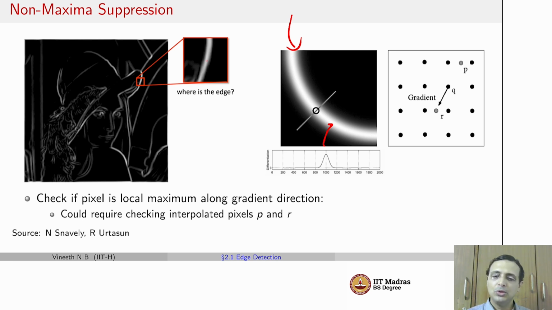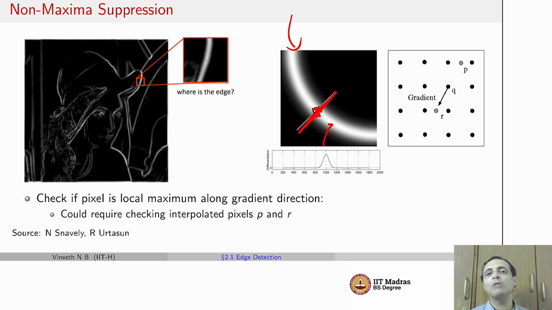What do you do? You take a particular pixel and compute the orientation of the gradient at that pixel. How do you compute the orientation of the gradient? We saw it a few slides back: tan inverse of the gradient along the y direction divided by the gradient along the x direction. That gives you the orientation of the gradient at that particular pixel. In this particular case, the orientation of the gradient would be like this.